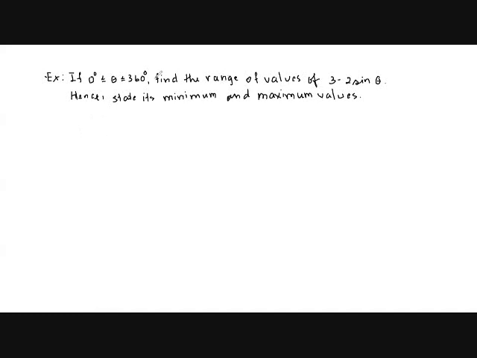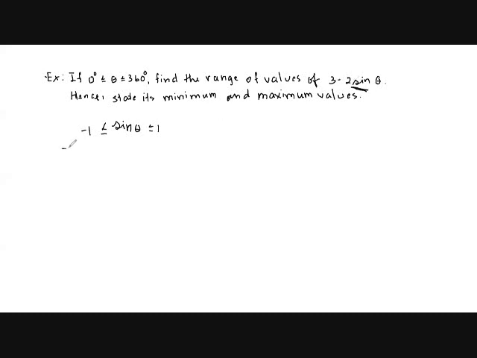So in this case, we're going to solve for the minimum and maximum values. Because this is a sine function, we know the minimum and maximum of sine theta is what? Less than or equal to 1 and greater than or equal to -1, right? Now we try to make the middle term sine theta equal to this one. So we minus 2 from both sides.